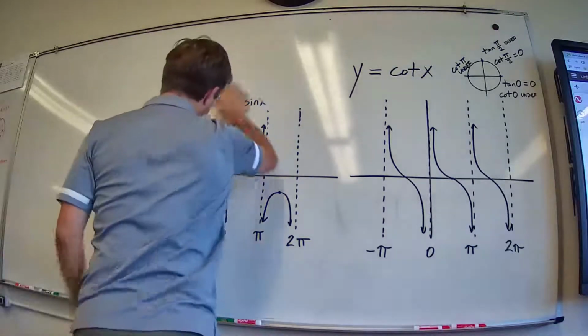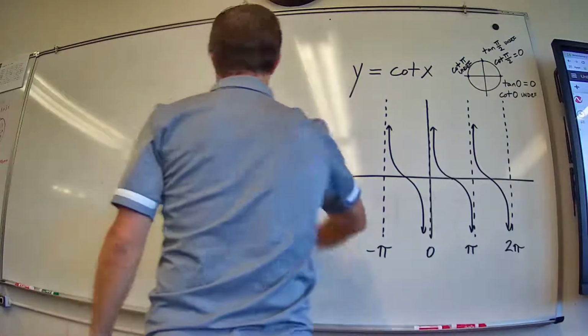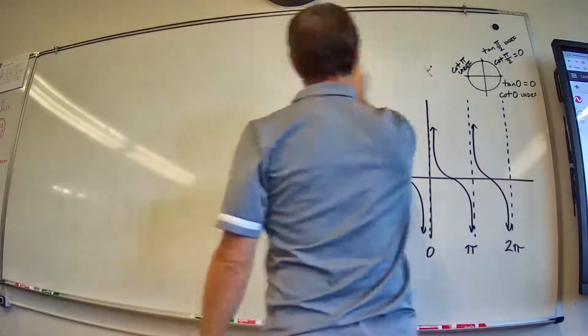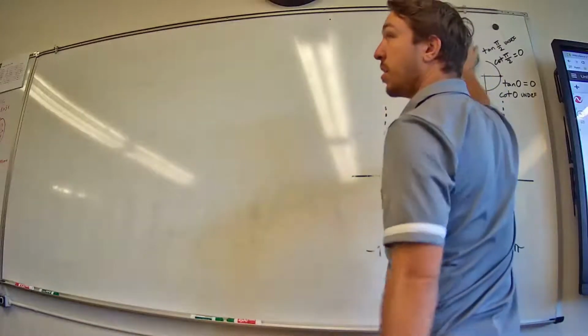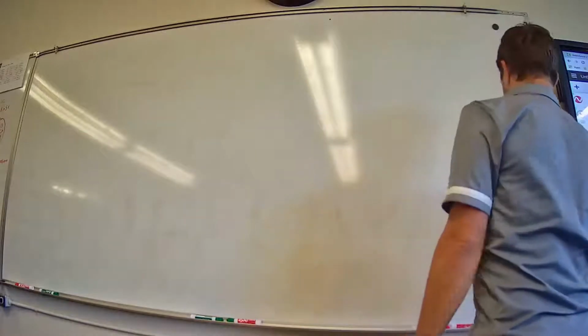Think of the sine function, and now I'm going to put absolute values around it. So now all the y values will turn positive. Yeah, you get a really neat function.